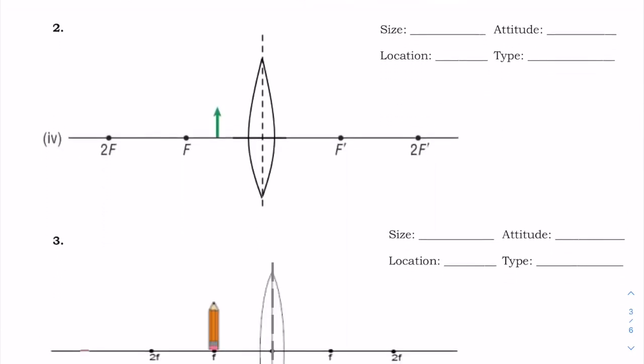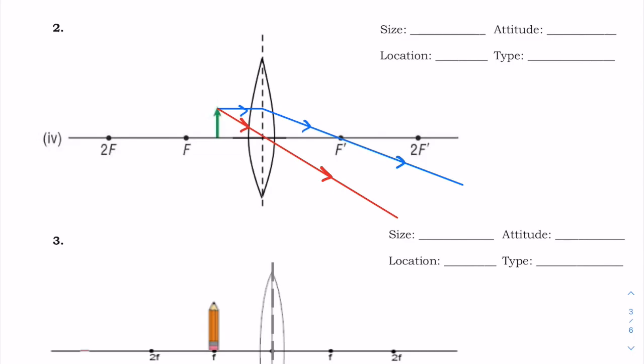All right, let's try this one. So now our object is inside of F. Okay, so I drew 2 rays of light, and you're going to notice something funny happens.